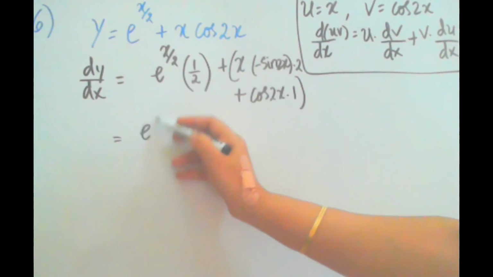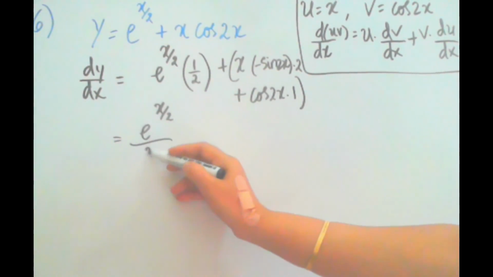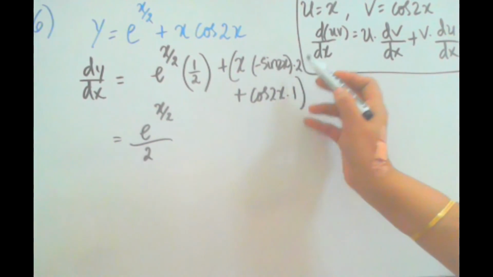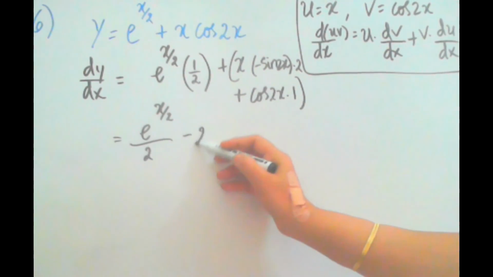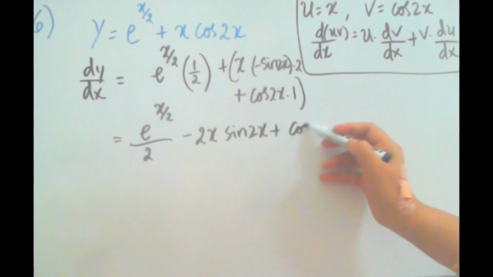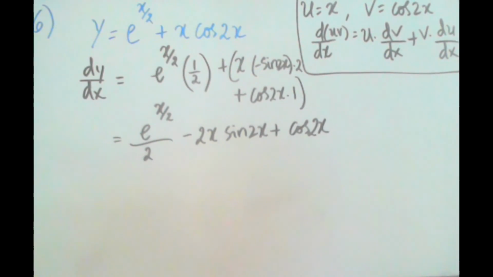So let us simplify this further: e power x by 2 divided by 2, then x into minus sin 2x into 2, we get minus 2x sin 2x, then plus cos 2x.